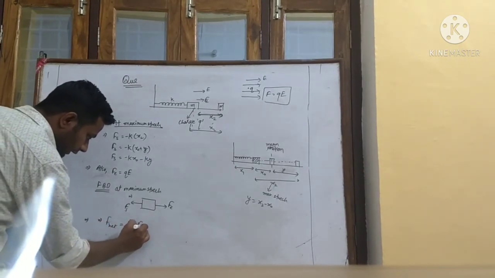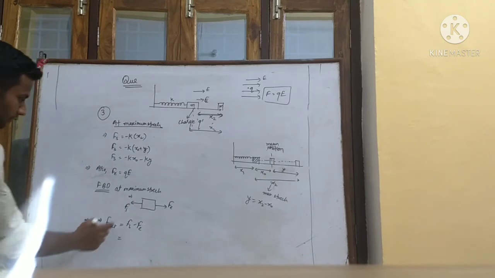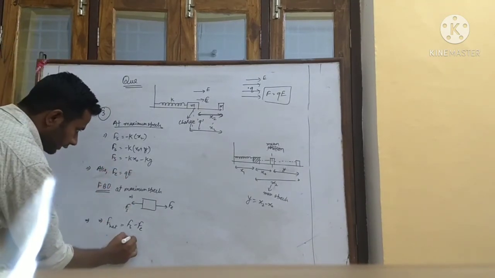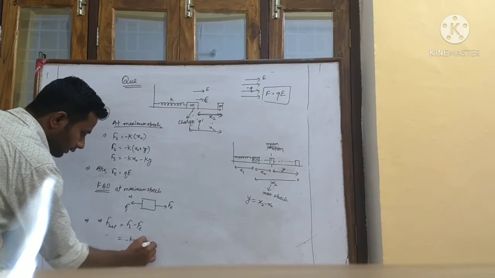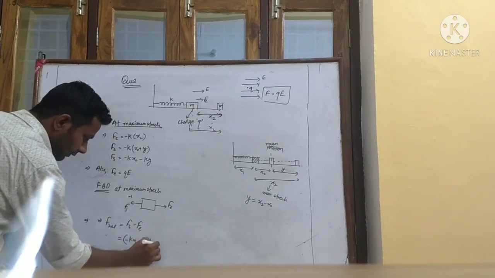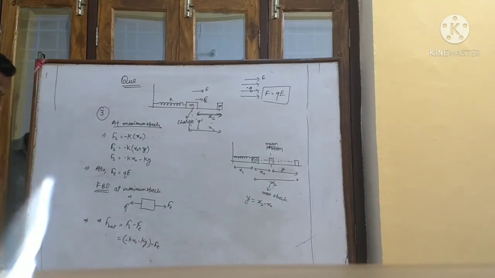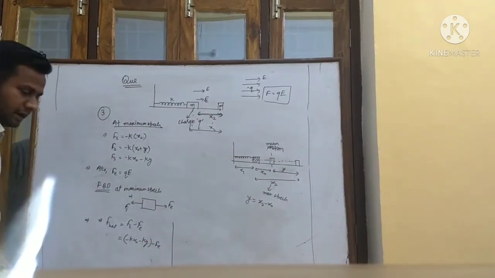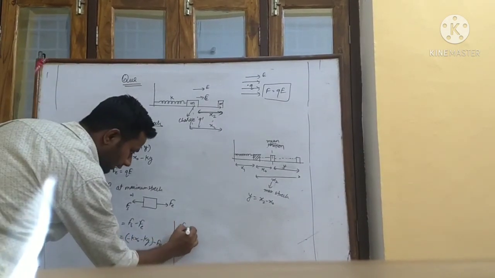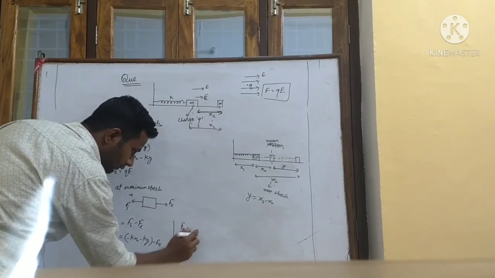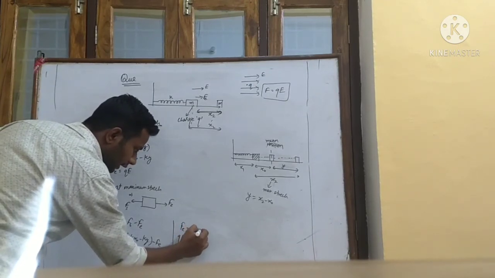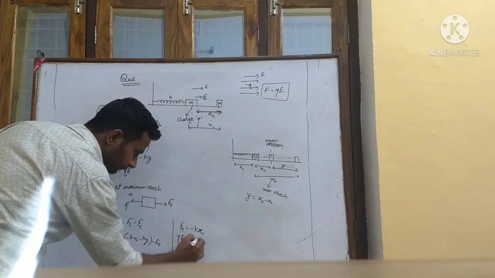Fs minus Fe, and that is equal to minus k x naught minus ky minus Fe. But in the second part we have seen that Fe, that is QE, is equal to k x0 at mean position.